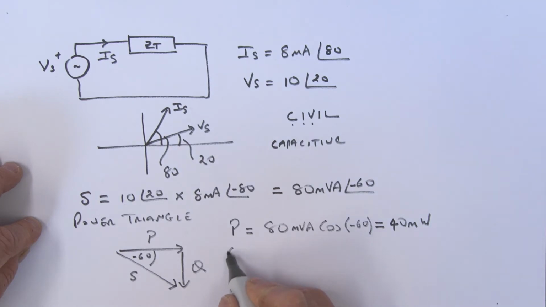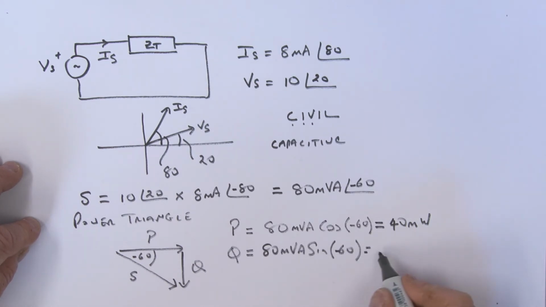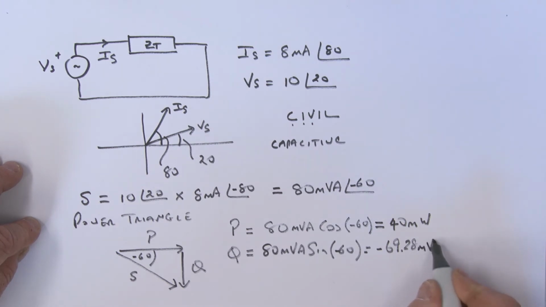Okay, we can say that the reactive power Q is equal to, again, 80 milli-VA times sine now of this minus 60, and we can say that that is equal to minus 69.28 millivolt-amps reactive. Okay?